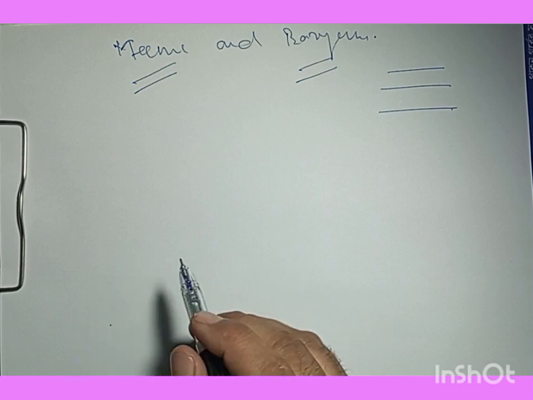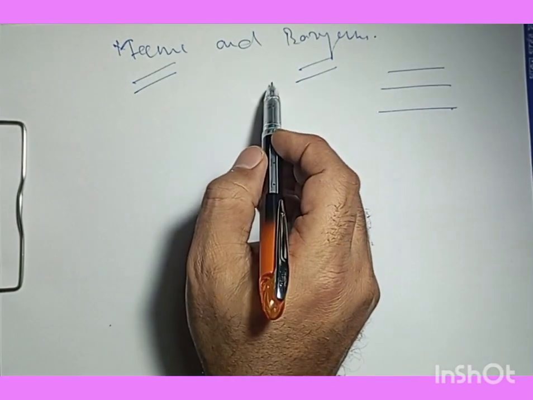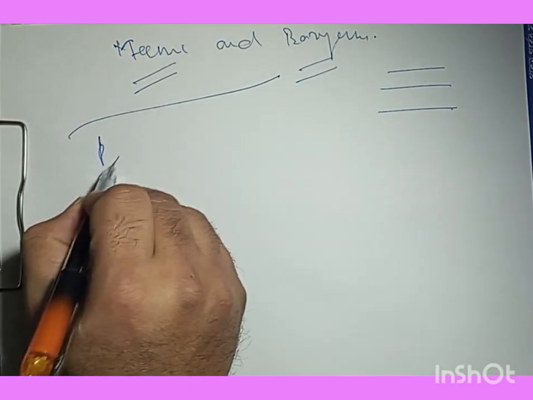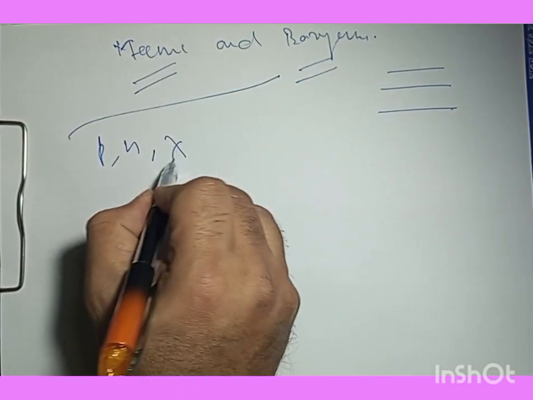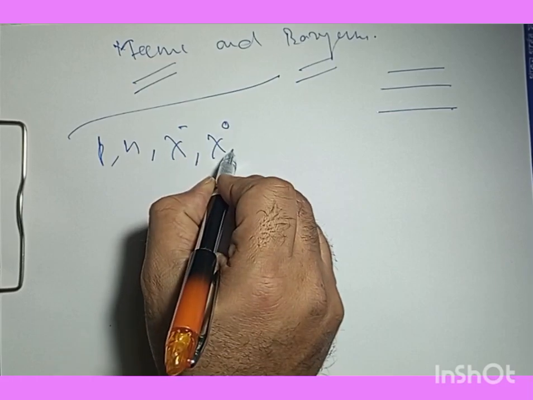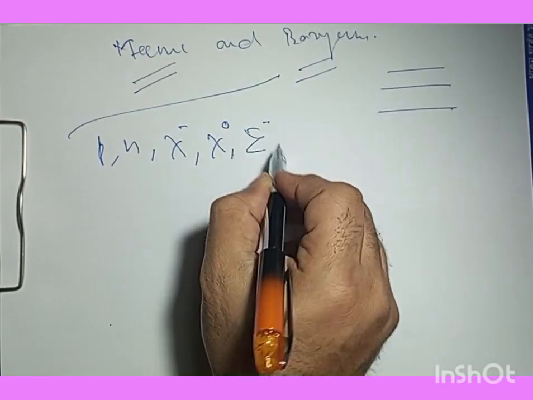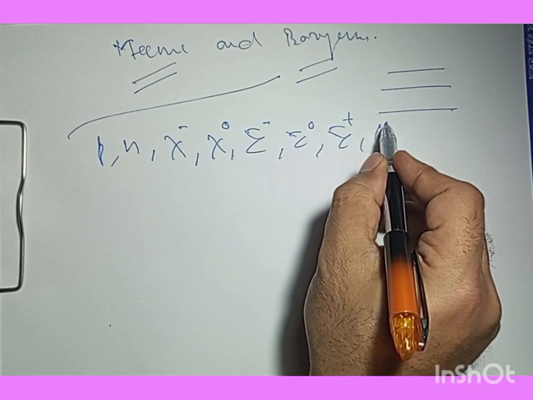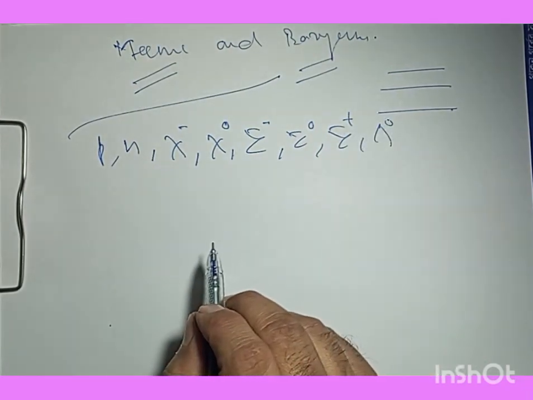For example, what are the baryons here? We have the baryons proton, neutron, xi negative, xi zero, sigma negative, sigma zero, sigma plus, and lambda zero.